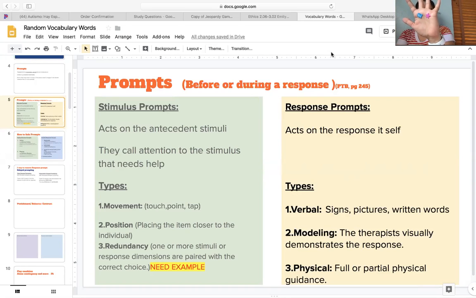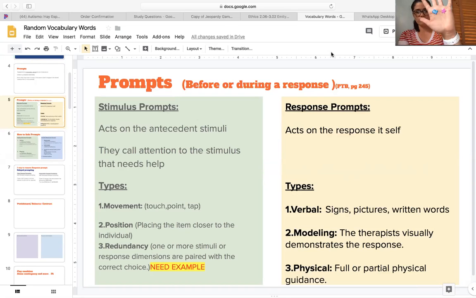Stimulus prompt or response prompt? Did I touch the stimulus? Did I do anything to the stimulus? No. So it has to be a response prompt. What type of response prompt was it? Verbal, modeling, or physical? It was verbal. Okay, good.